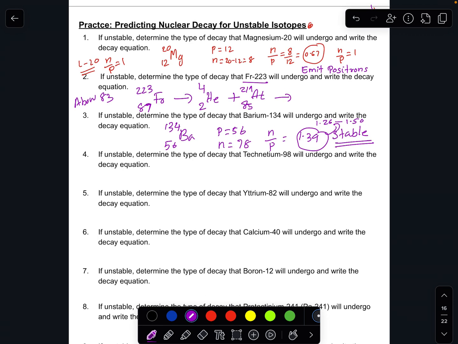Okay, let's do one more. So technetium, which is 98 and 43, is below 83, so we have to check. Protons are 43, neutrons are 55. We'll take the N by P ratio, which is 1.28.